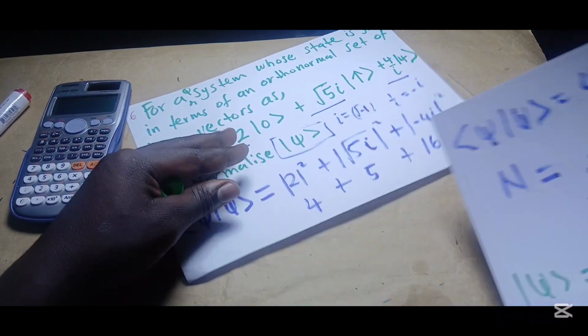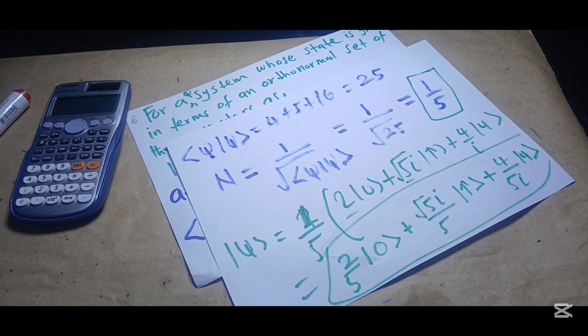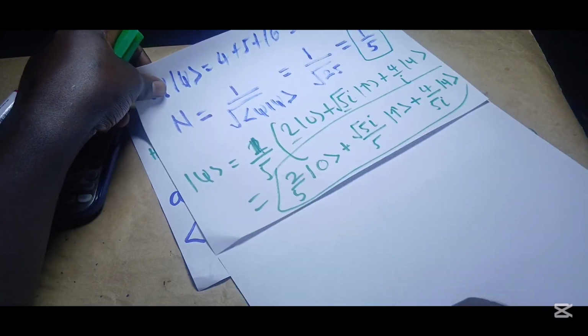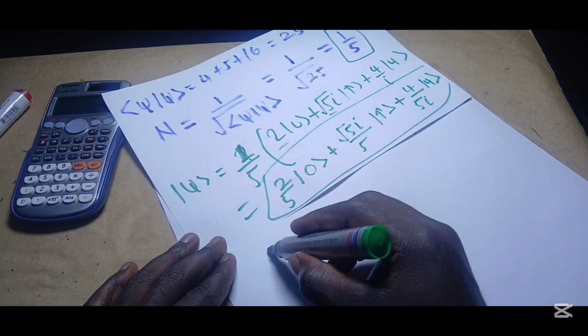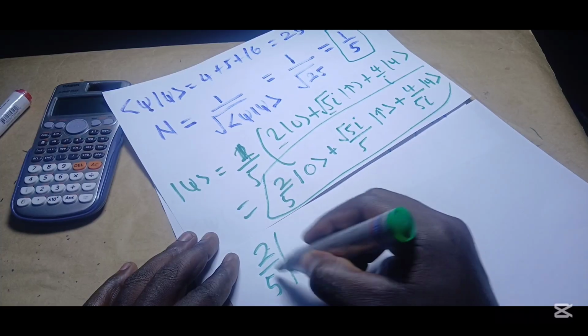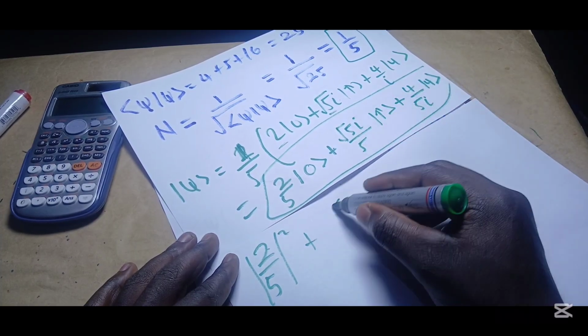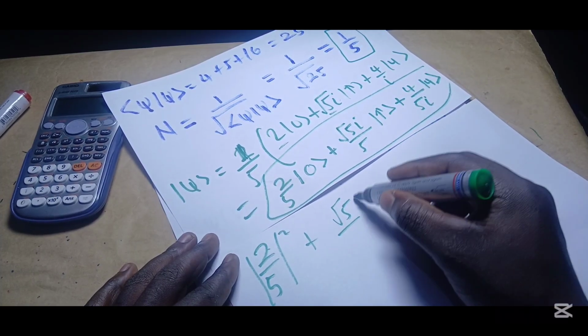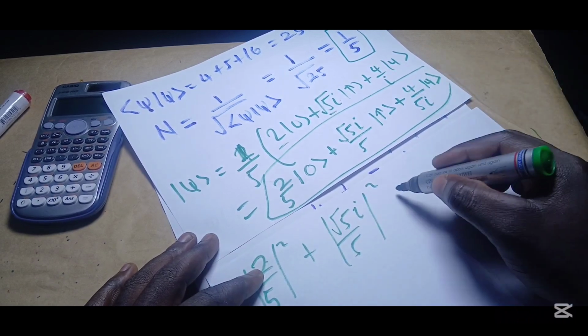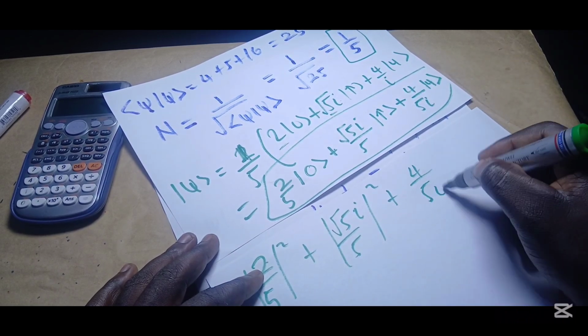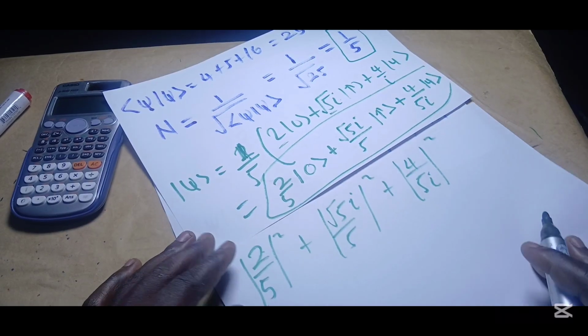Then how do we prove that? Just take the absolute square of the coefficients. So we have 2 over 5, we are taking the absolute square, plus square root of 5i on 5 absolute squared, plus 4 on 5i absolute squared.